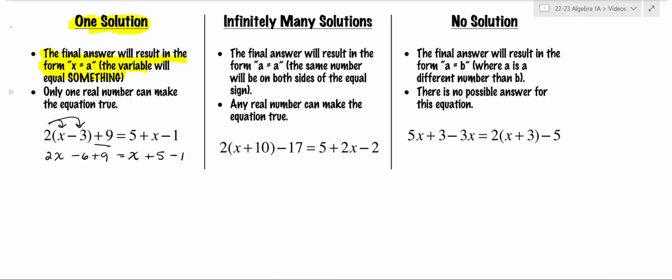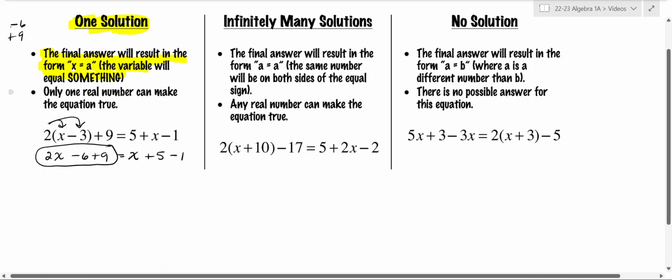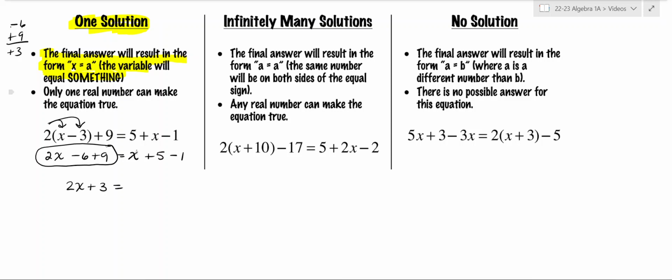Let's see on this side. Negative 6 plus 9 are like terms. If you put that in your calculator, negative 6 plus 9 will give you a positive 3. So this becomes 2x plus 3. And if you look at the right-hand side, positive 5 minus 1 will give you 4, plus 4.